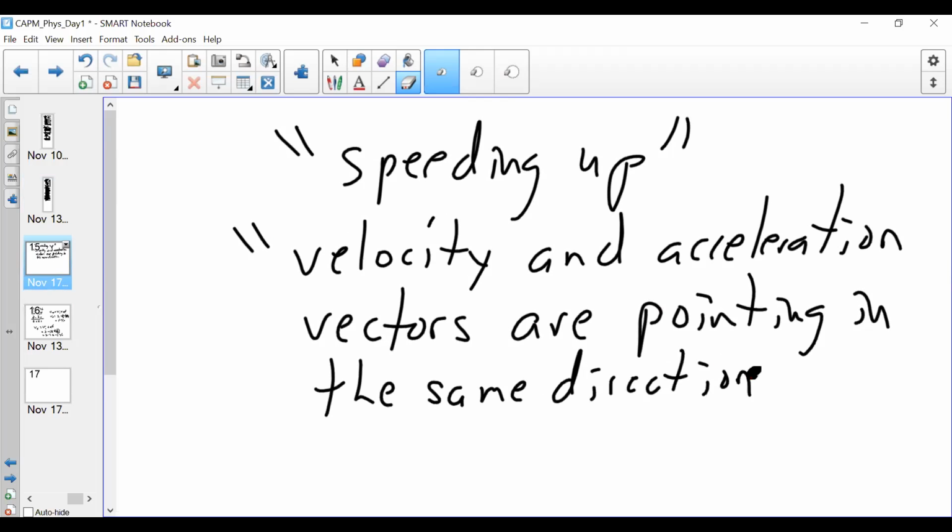They're either going to be both east, both west, both north, or both south, if we're on the y-axis.